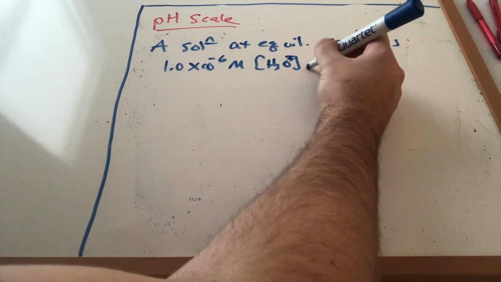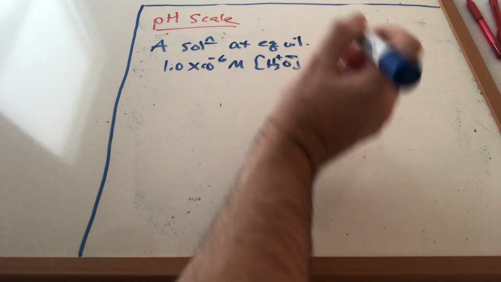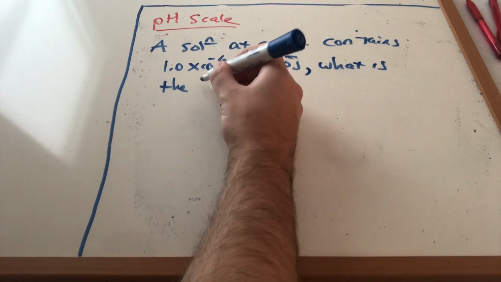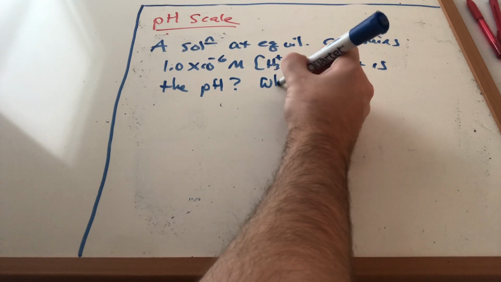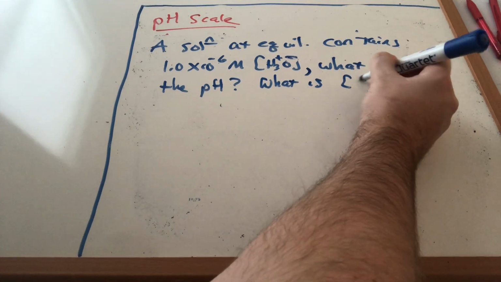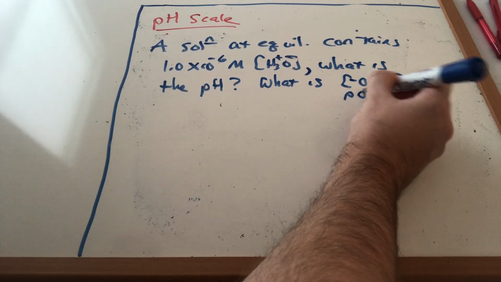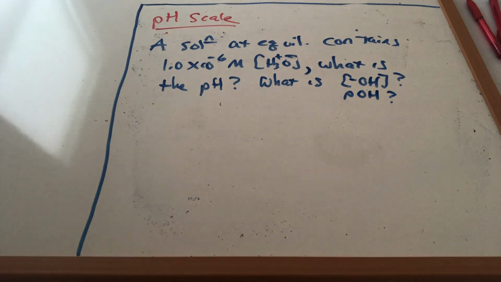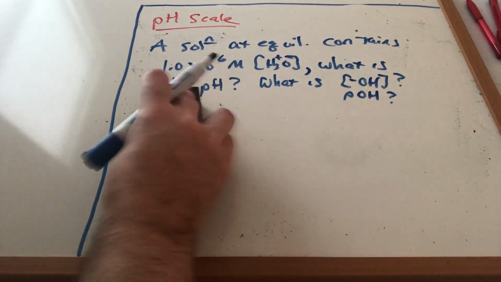What is the pH? What is the concentration of OH minus? And we'll know that from the pOH. So now that we have the pH scale established, we can start to ask ourselves these sorts of questions. Let's also ask ourselves this: is the solution acidic or basic?